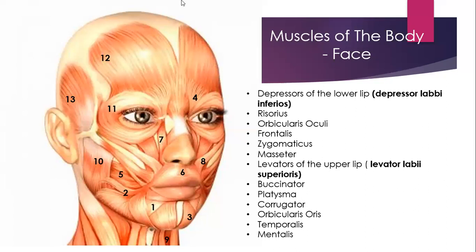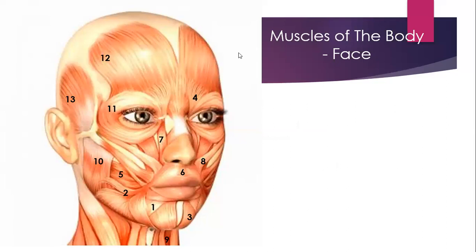Okay, so we're going to go through this now. So as you know before, I already gave you the first answer. If my computer wants to work, let's have a look here. There we go. So depressor of the lower lip, number 1, just down here on the side of the lip.